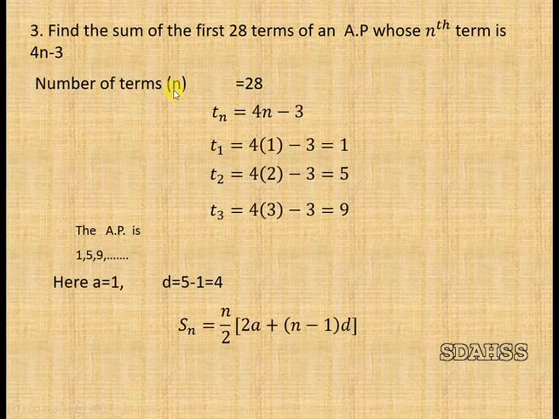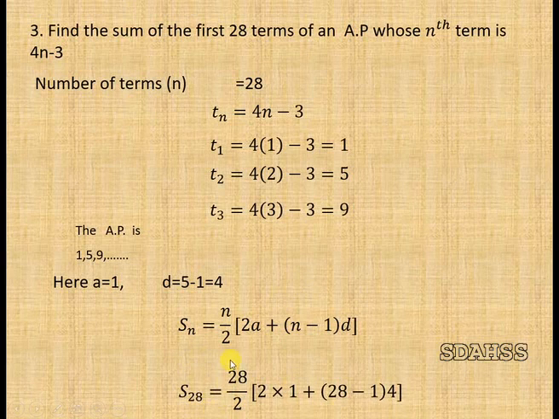Then we want to find the sum of the first 28 terms. So use the Sn formula: Sn is equal to n by 2 into 2a plus n minus 1 into d. Substitute all the values in the formula. So you have S28 is equal to 28 divided by 2 into 2 into 1 plus 28 minus 1 into 4.